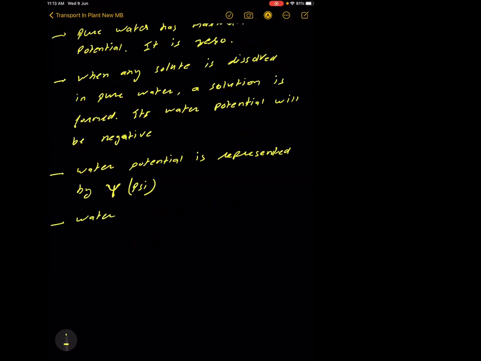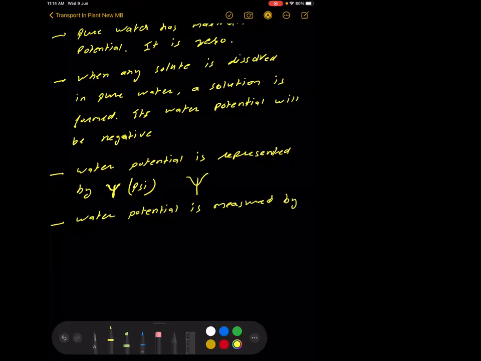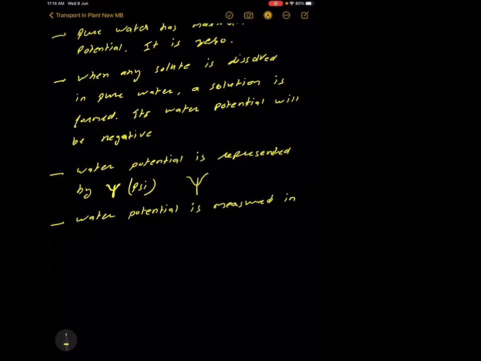How did you write that symbol? It's a Greek letter. Can you write it once again? Like this. Okay. Water potential is represented by psi, measured in bar. So the unit is bar.